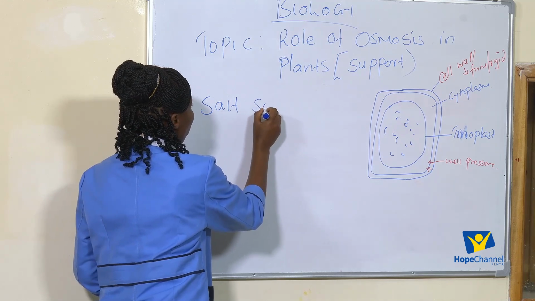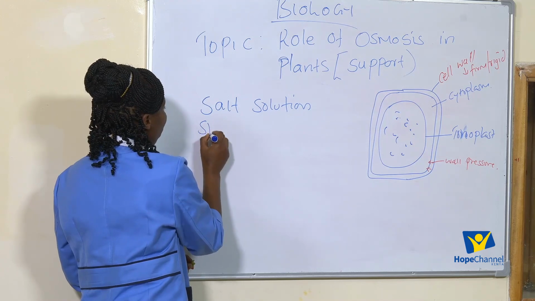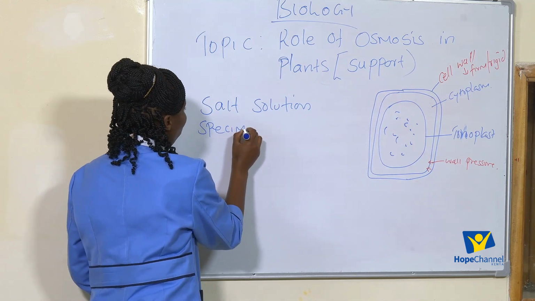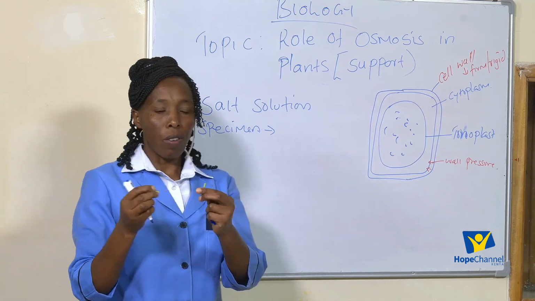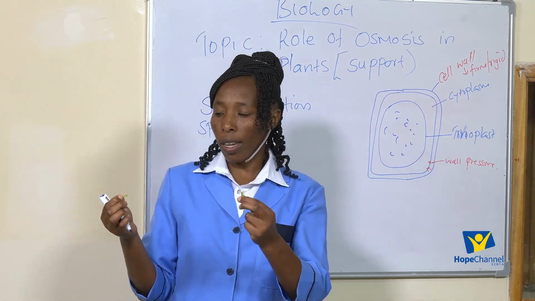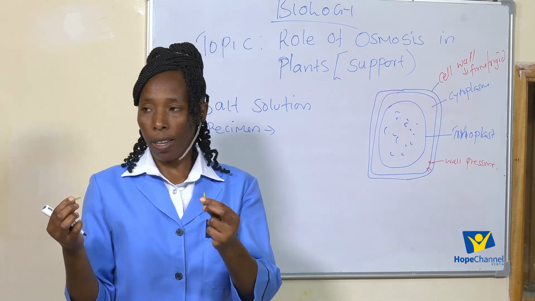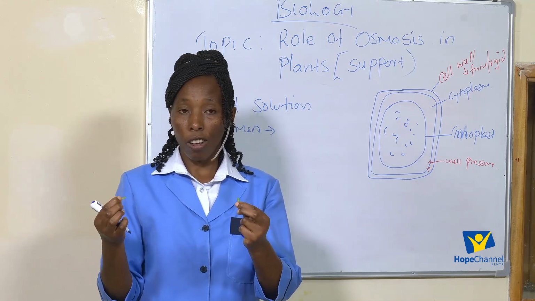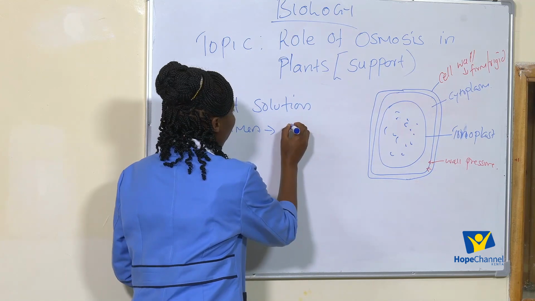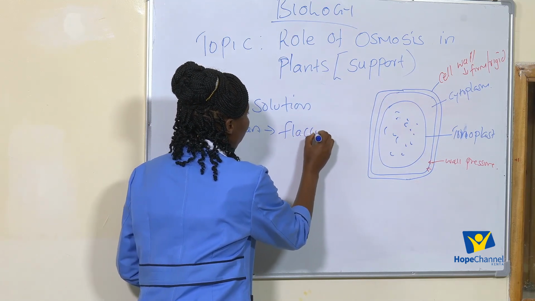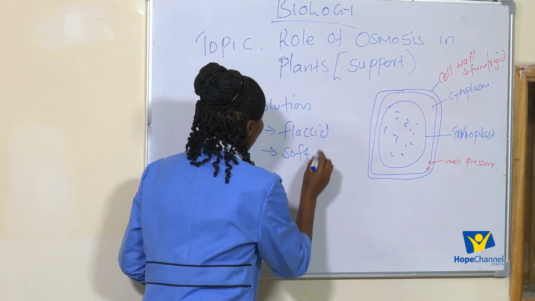So the specimens in the salt solution, if I was to record the observation, I can say they are very flaccid. They are very soft. The specimens are flaccid. They are very soft.